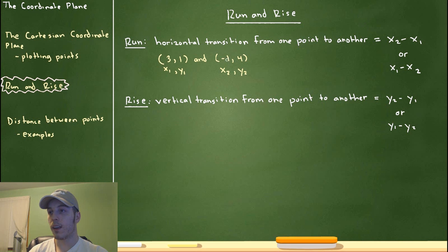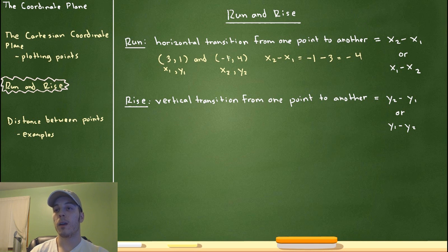So here, the second x value here, let's do this, x2 minus x1 is equal to, now x2 is -1, and then we want to minus x1, which is 3. So -1 minus 3 is -4. Okay, so the run between these points here is -4.